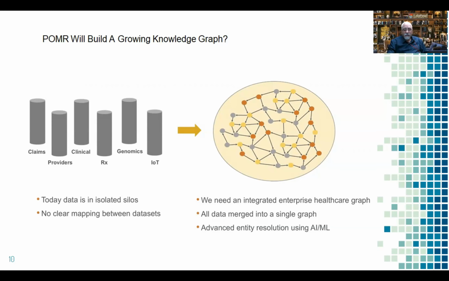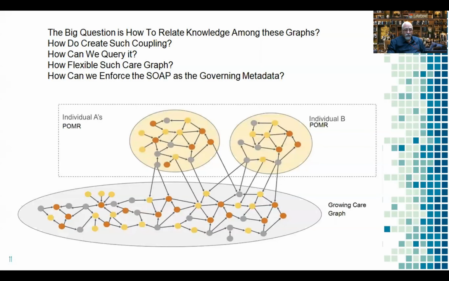Of course, you will need lots of other information too, so POMR takes every patient case and creates a growing care graph. That growing care graph can go far to describe lots of relations.